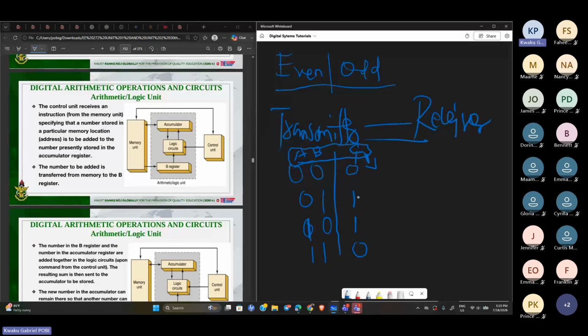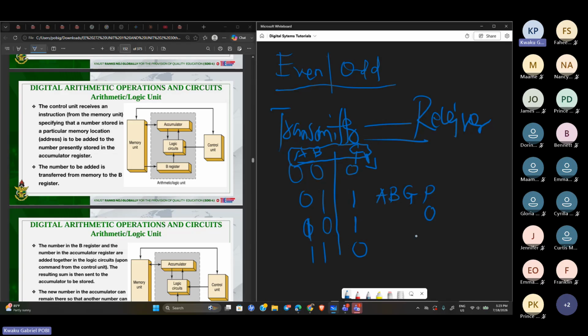So you transmit these 3 bits, and at your receiving end you take the 3 bits: A, B, and G. Then you generate your parity checker. If it's an even one, you check if there is an even number of ones in the data you've received, then you append a 0.